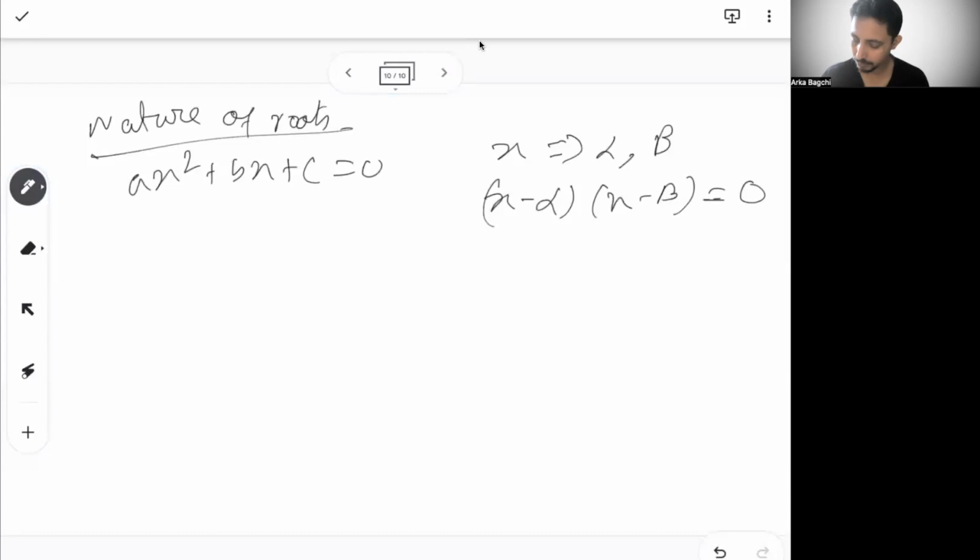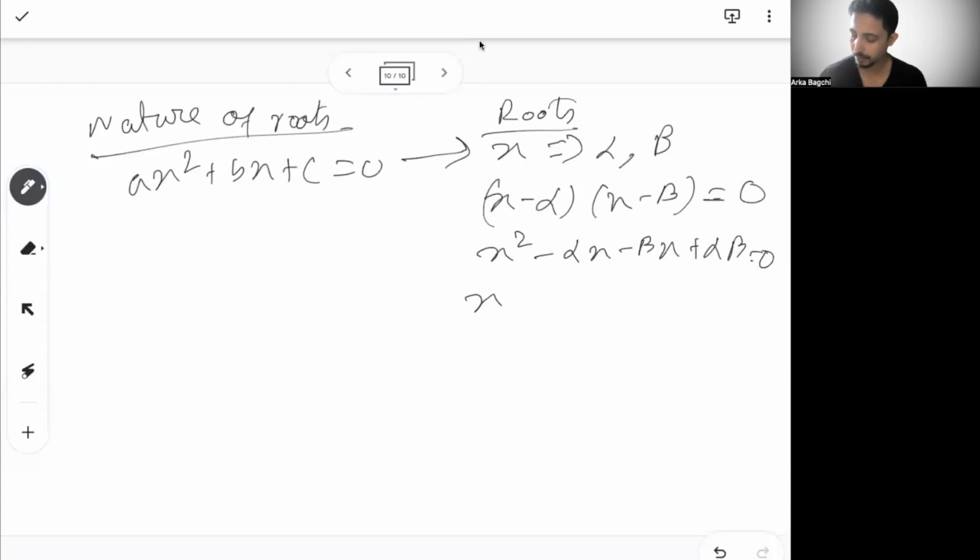That means I can write x square minus alpha x minus beta x plus alpha beta equal to 0, which means x square minus (alpha plus beta) into x plus alpha beta equal to 0.